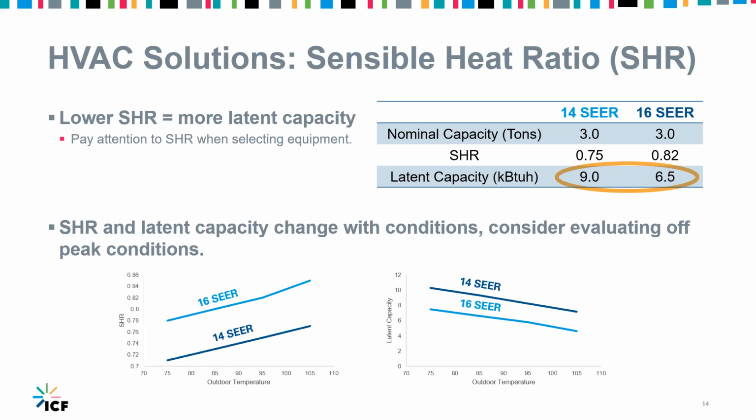But you might want to also look at off-peak conditions to see what the loads on the home look like on a warm but not the hottest day, and see if the equipment has enough capacity at those conditions. So basically two points here: pay attention to latent capacity, and also consider evaluating that at off-peak conditions.